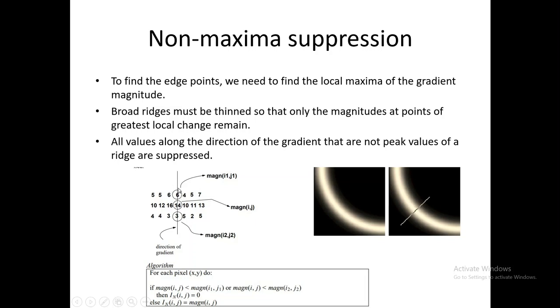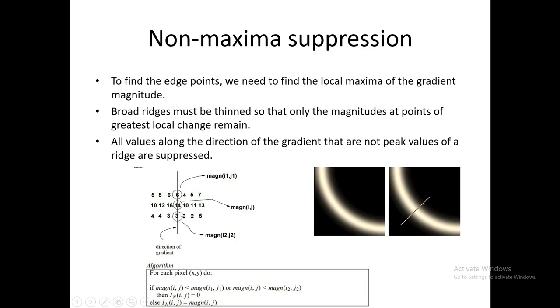What we do is we consider the pixel magnitudes in the direction of the gradient, and we compare these values with the edge pixel. Let's say this is represented by the pixel magnitude at ij.